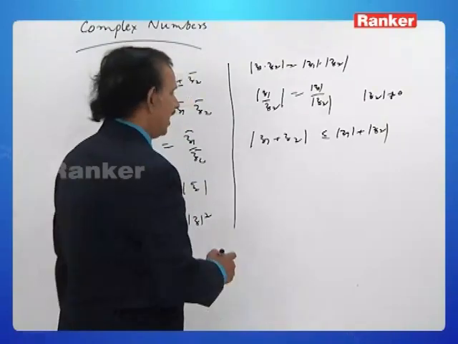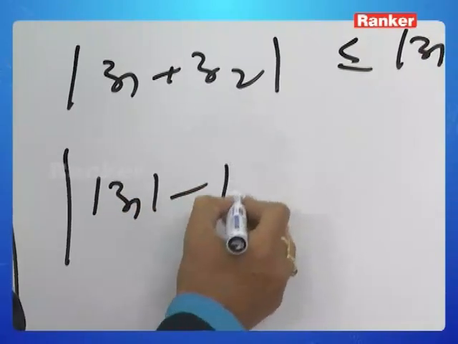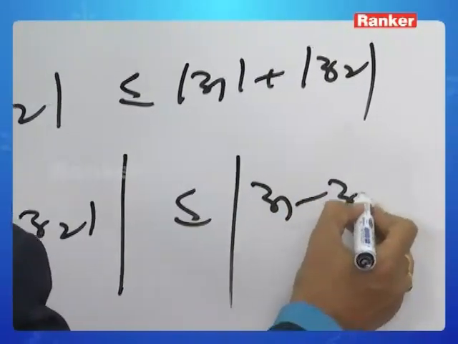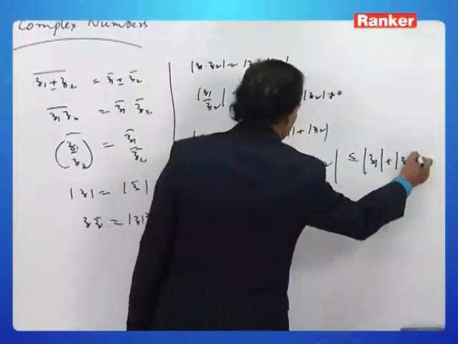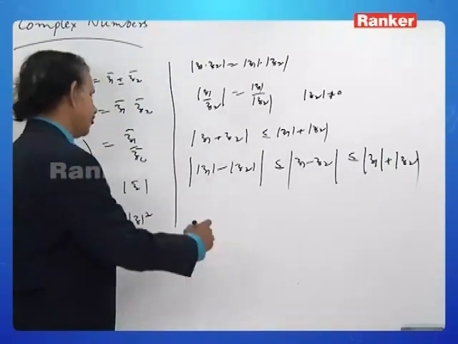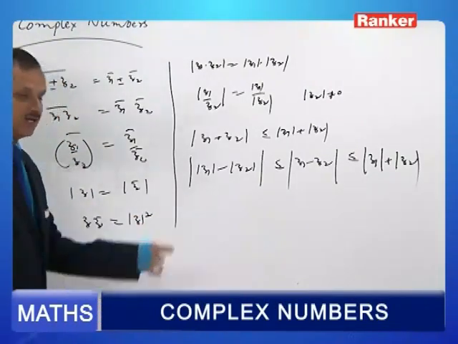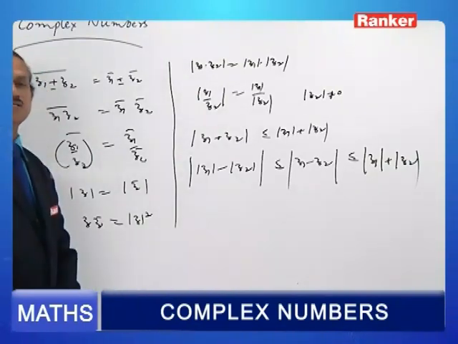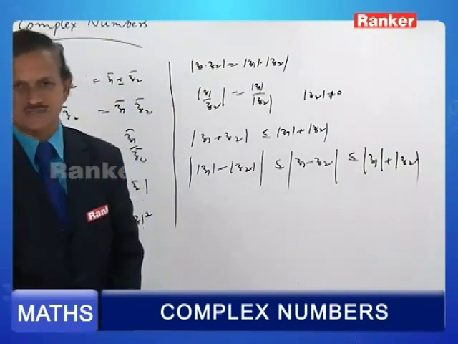Another is modulus of mod Z1 minus mod Z2 is less than or equal to modulus of Z1 minus Z2 is less than or equal to mod Z1 plus mod Z2 also. Therefore, corresponding to modulus of a complex number and conjugate of a complex number, we are supposed to recollect these important results which we generally use while studying the properties of the complex number system.